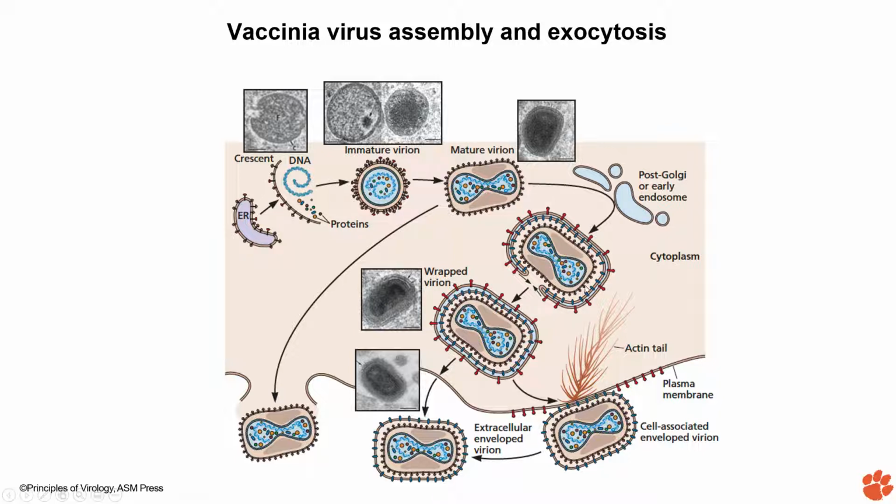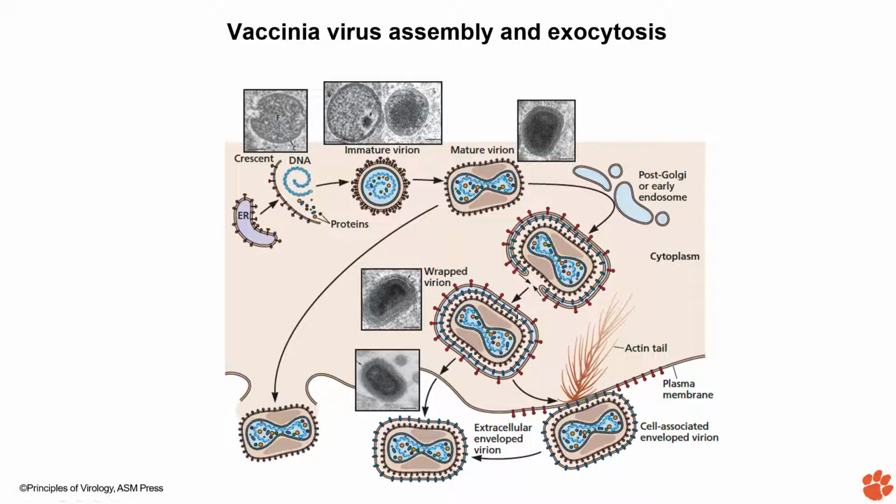Inside you have a single membrane, which is the mature virion. Here, see these arrows: these are two membranes, one with the blue dots and another with the red dots. So you have two membranes, and when you have the wrapped virion, it contains three membranes, one for the virus and the two double membranes.